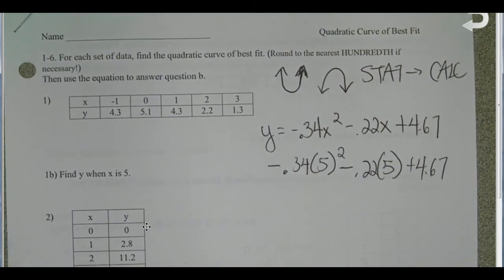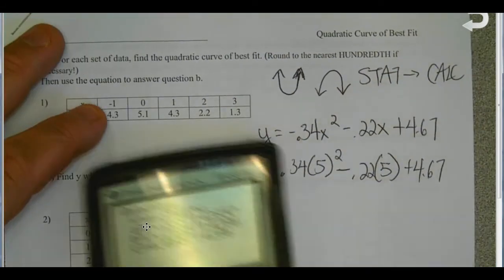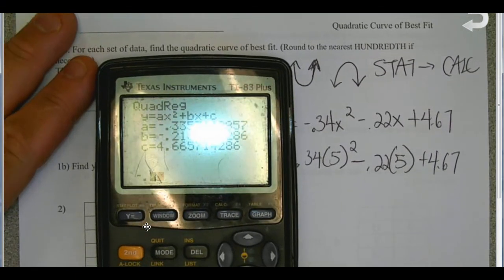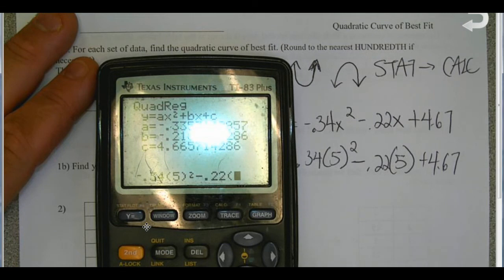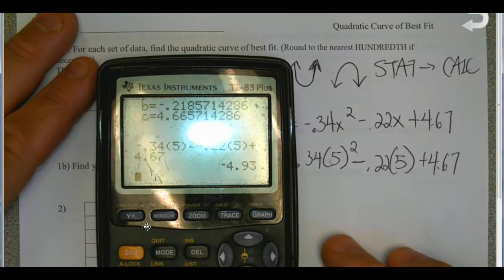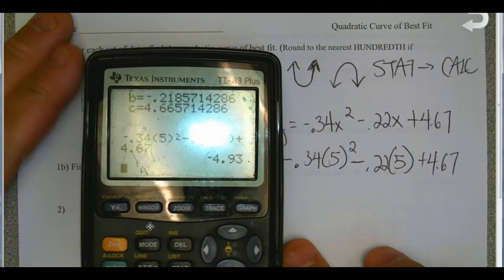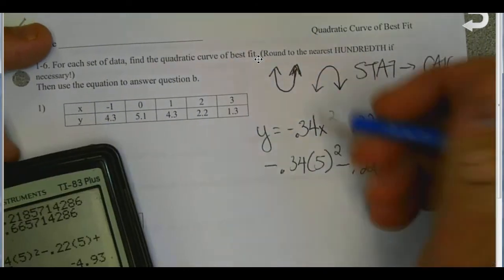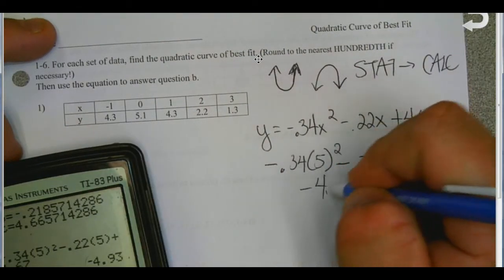Just like with everything, the parentheses are important. The answer is -4.93, and we're going to go ahead and leave our answer in that decimal form.